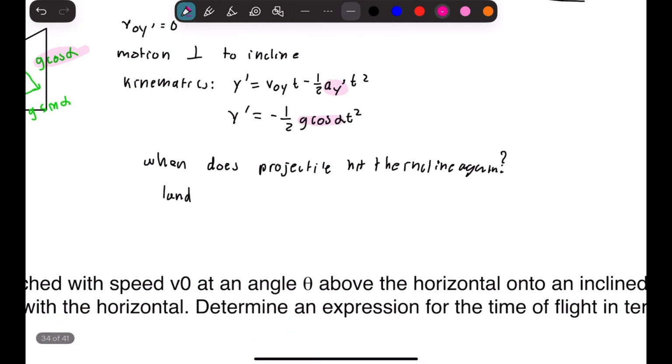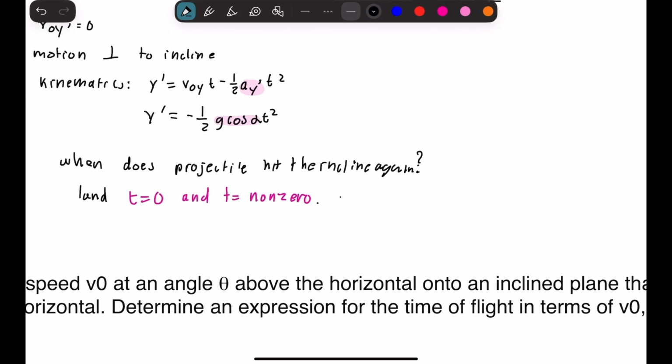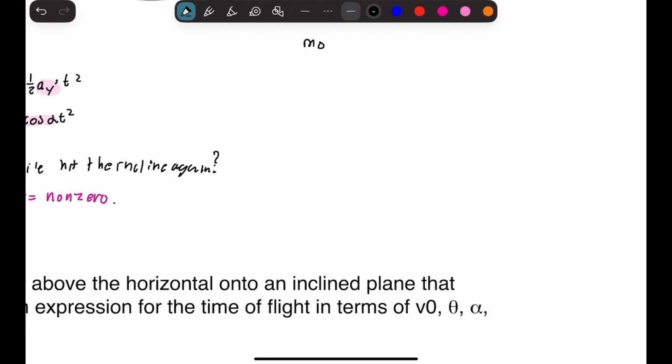Now it's going to land at t equal to 0, and also at t equal to a non-zero number, right? We also know that the motion is going to be symmetric in time.